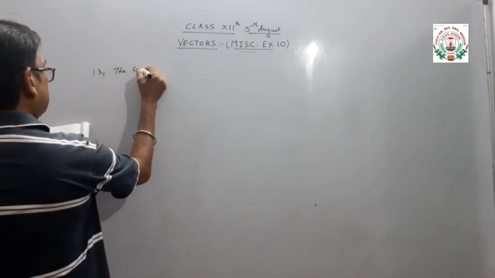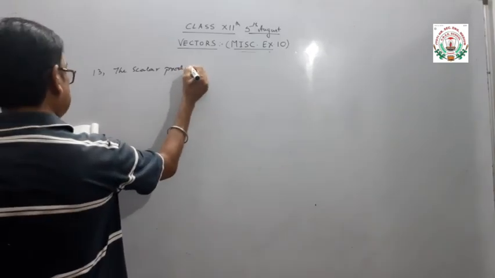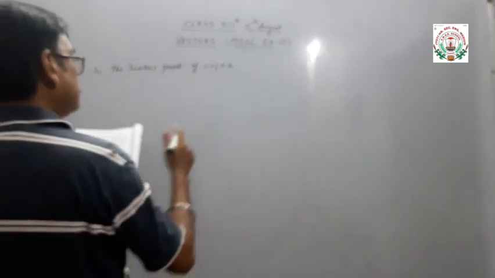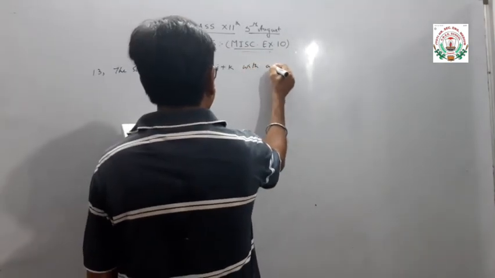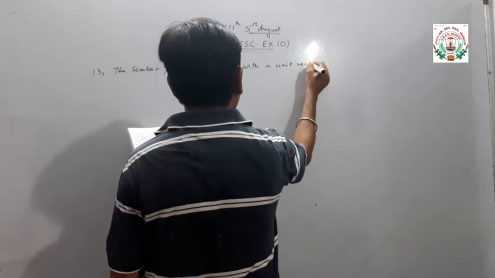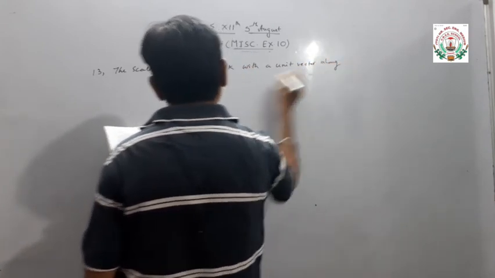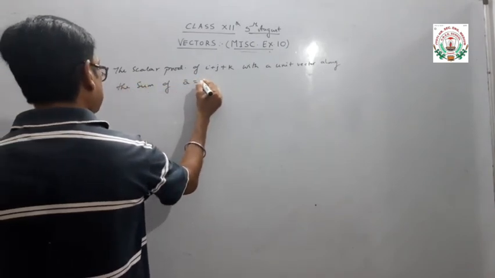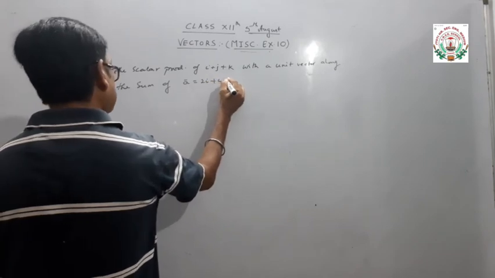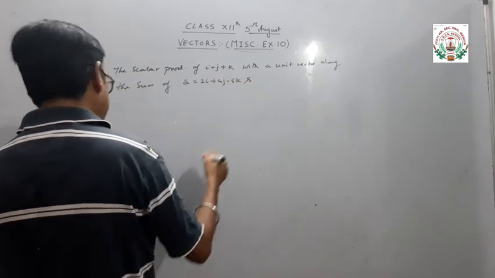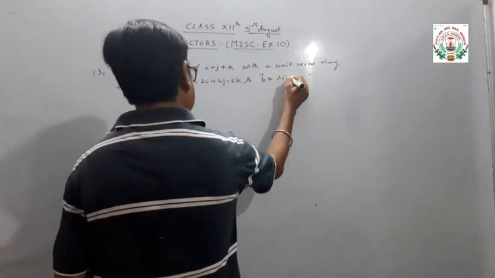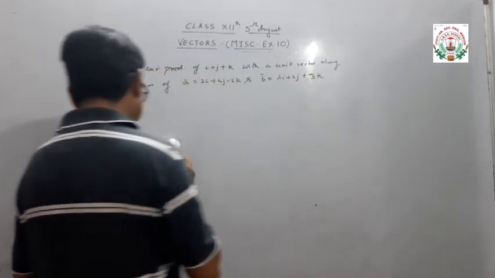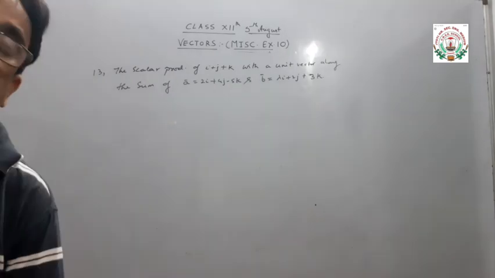The scalar product, or dot product you can say, of i plus j plus k with a unit vector along the sum of a vector 2i plus 4j minus 5k and let this be b vector lambda i plus 2j plus 3k is equal to 1. We have to find the value of lambda.